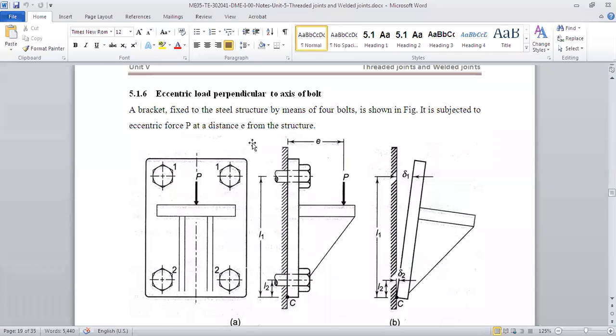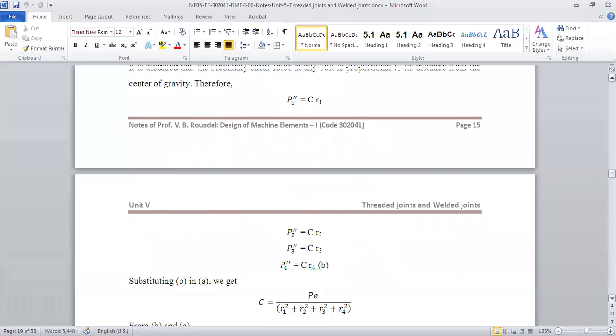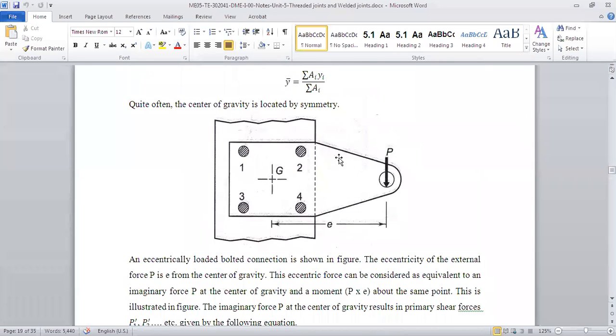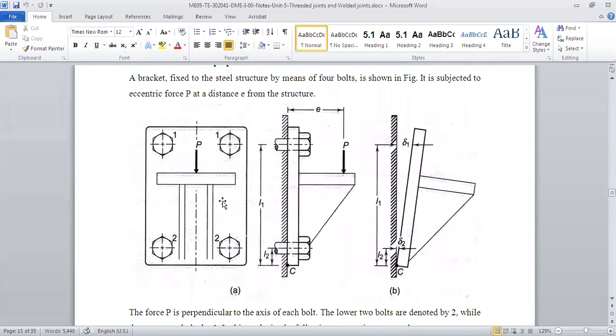The concept is the same for all types of problems. The load will be different, and accordingly the stresses will be different. In the previous case, the load was eccentric, and because of it there was a direct shear and secondary shear, so we combined those. Here in this case, just think what kind of stresses will be there.